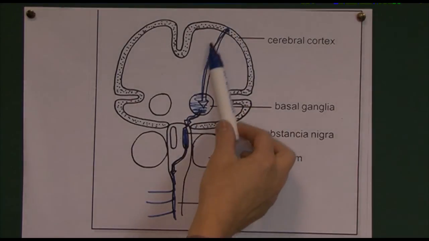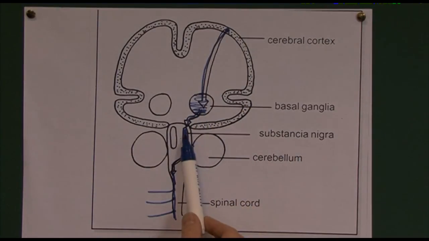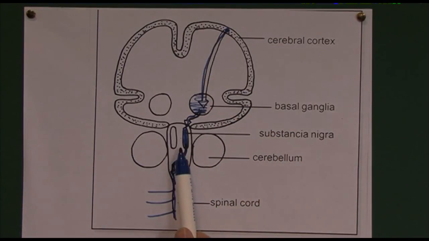And all of this system here, the basal ganglia, the substantia nigra, this is called the extrapyramidal system because the nerve fibres are not in the pyramidal tracts. The nerve impulses are going down via an extrapyramidal route, not via the pyramidal normal corticospinal route. So it allows for much finer control.